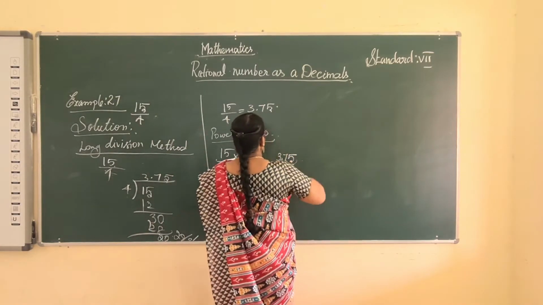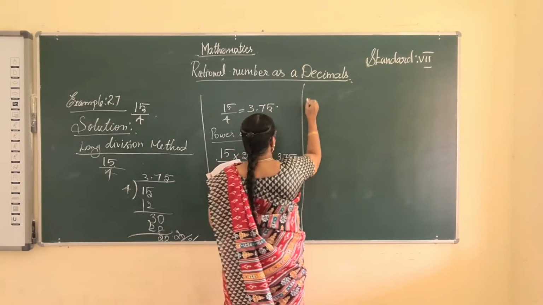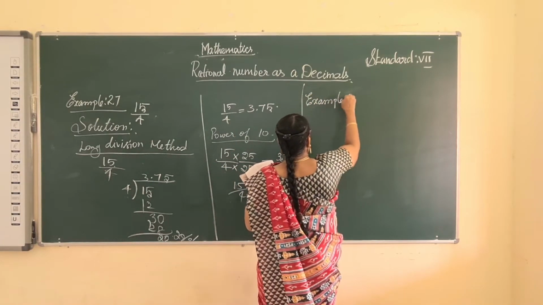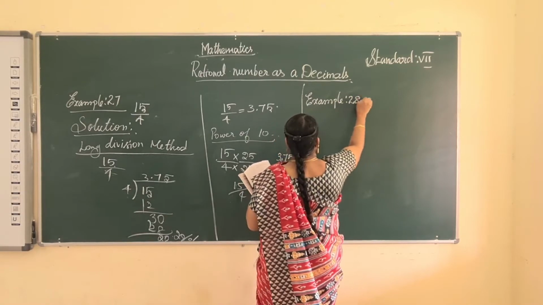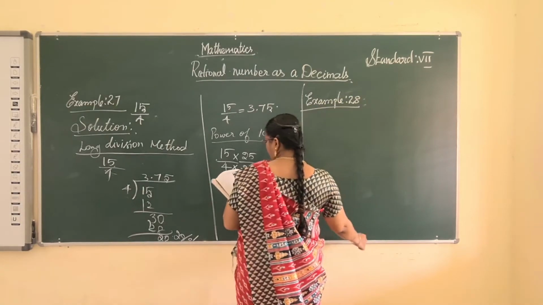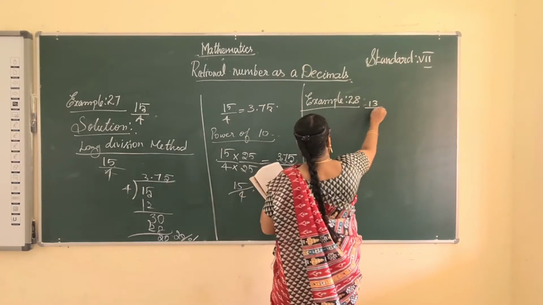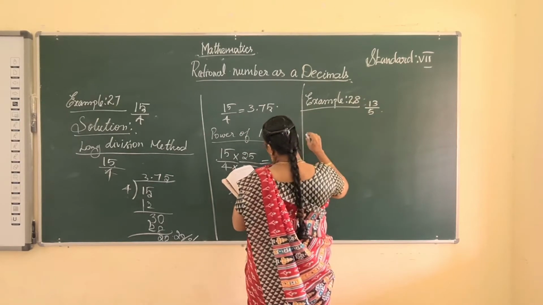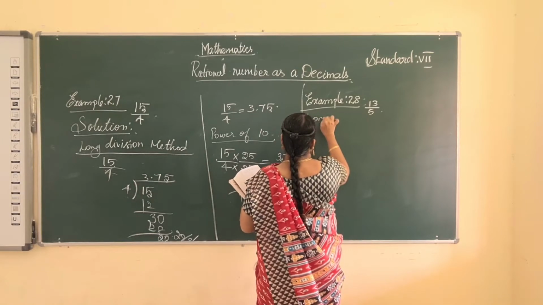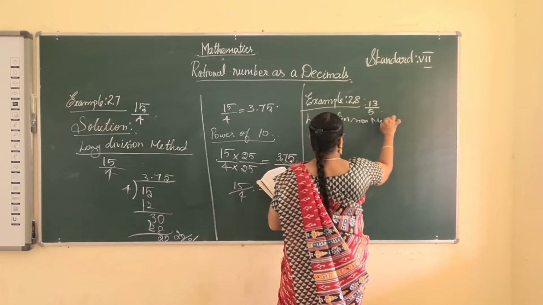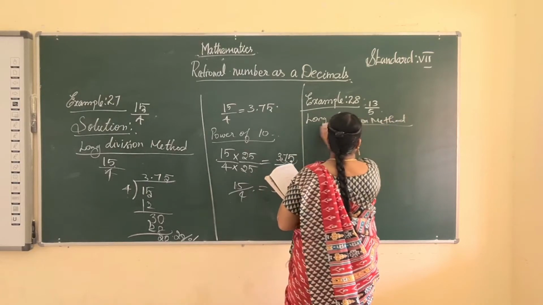See the next example. Express 13 by 5 as a decimal number. First method, long division.